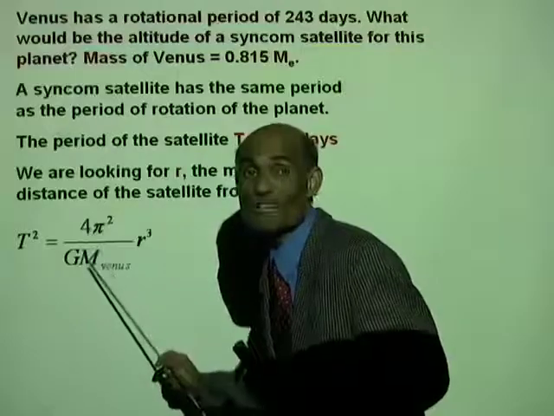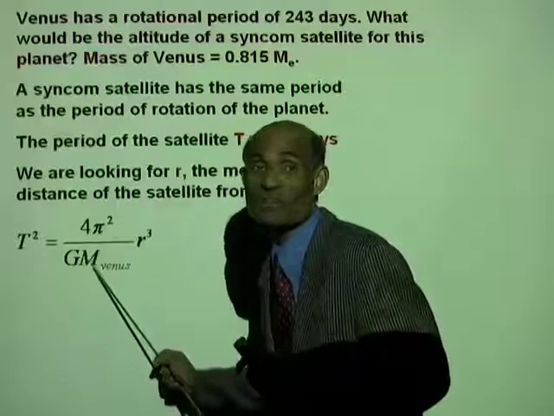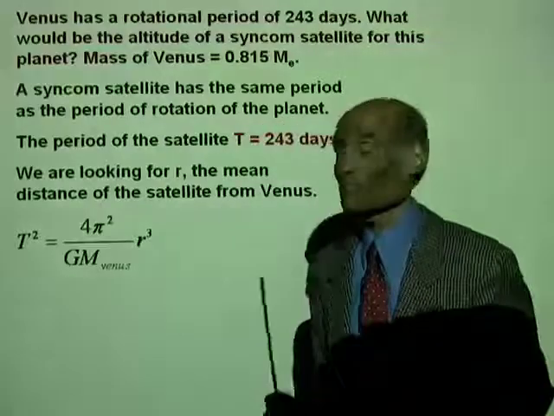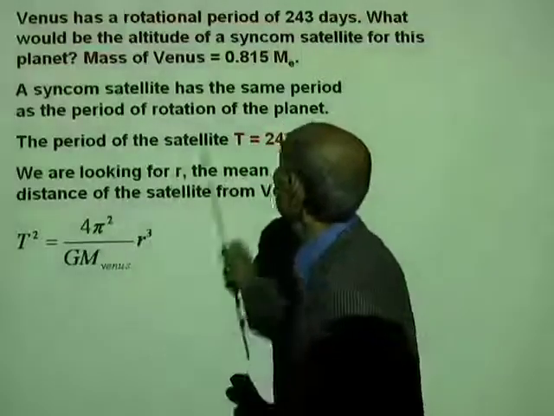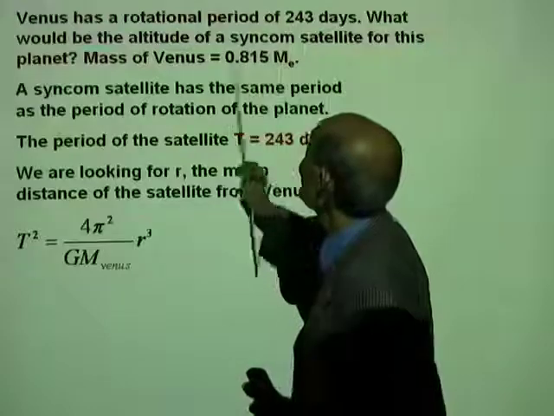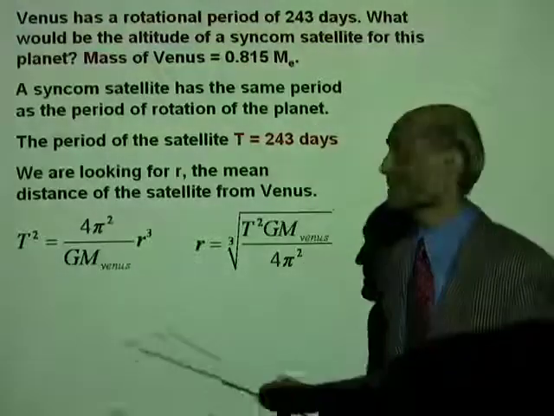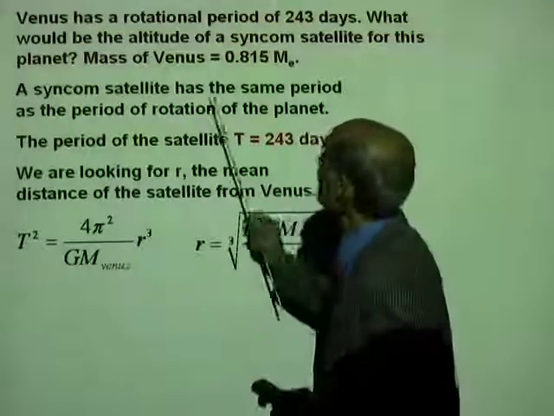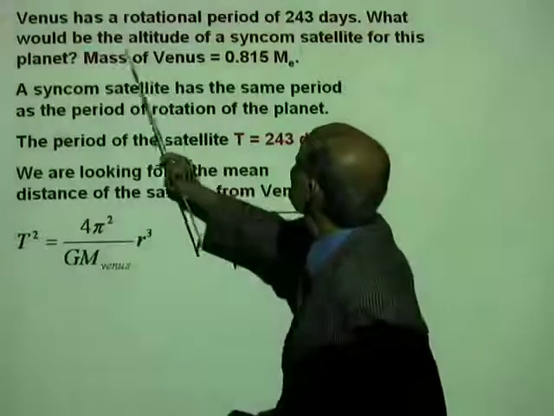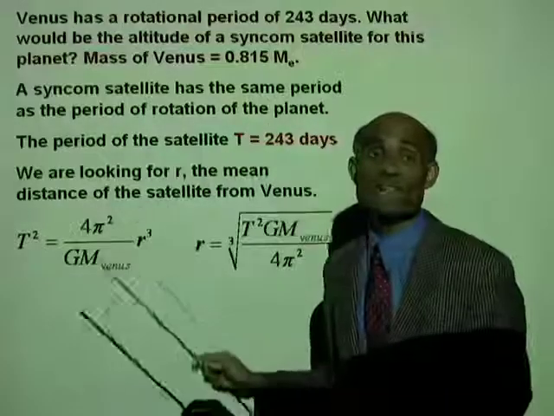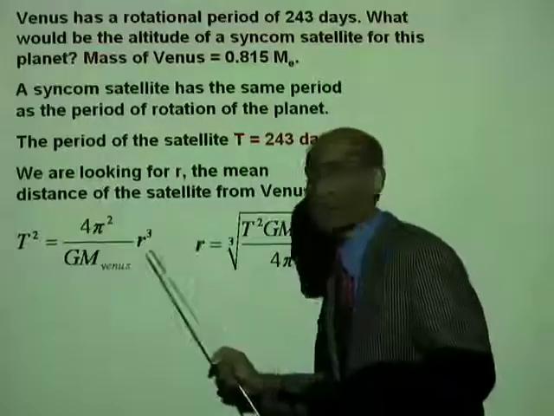Therefore, you notice here, in place of the mass of the sun, I use the mass of Venus. And the mass of Venus is given to be 0.815 times the mass of the Earth. And so, we need to find what would be the altitude of the SYNCOM satellite. We need to find this R.